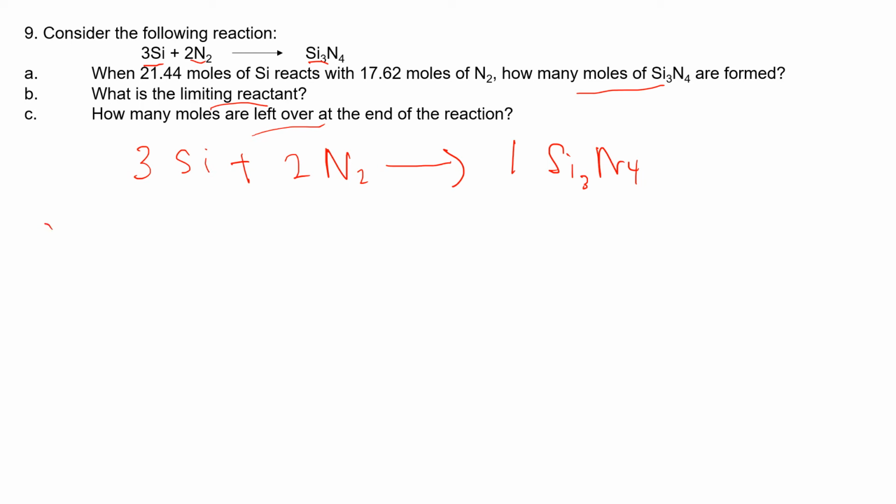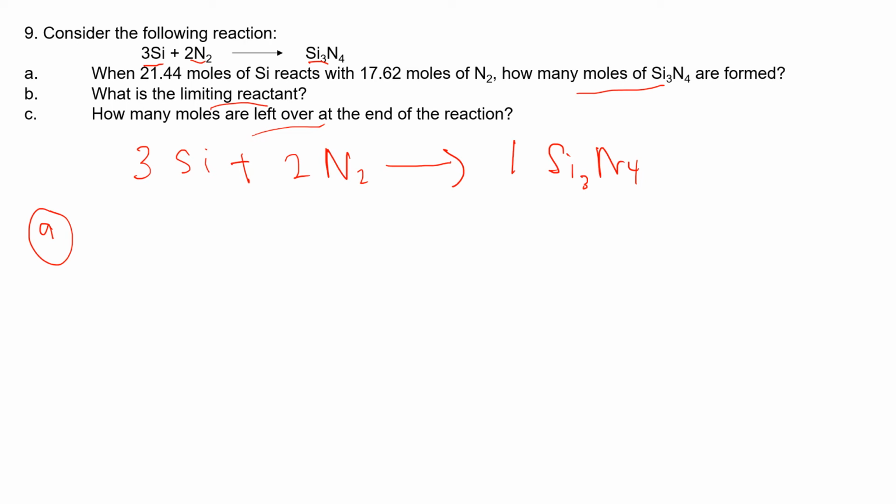So based on the equation given, A, when 21.44 moles of silicon react with 17.62 moles of nitrogen, how many moles of Si3N4 are formed? So you have to calculate the moles of Si3N4 formed.